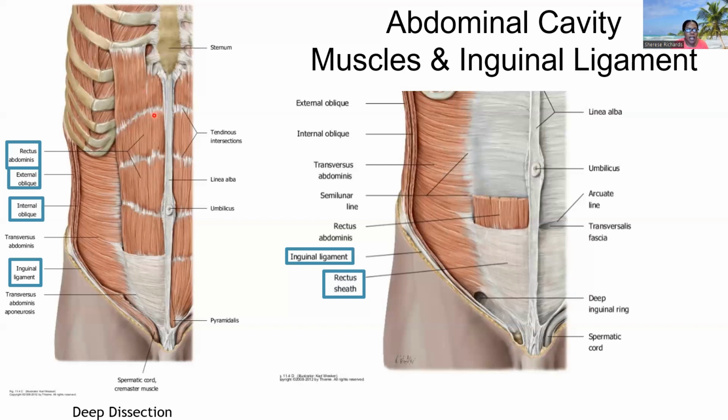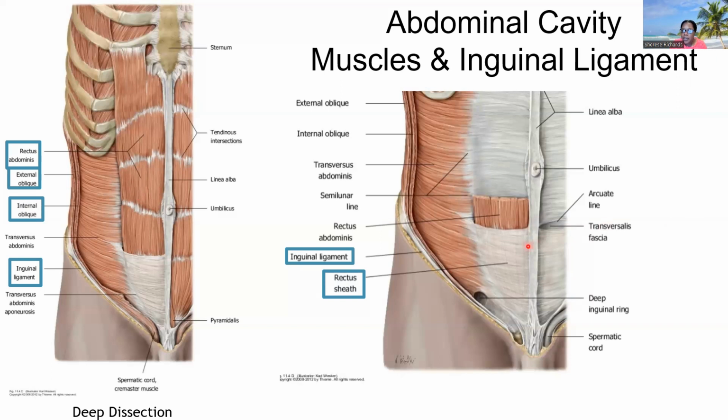And that is because of the striations that we can see, or the tendons that kind of separate the span of this muscle and create the different pockets that we typically refer to as abs, right? So rectus abdominis, transversus abdominis, internal oblique, and then outward being the external oblique.